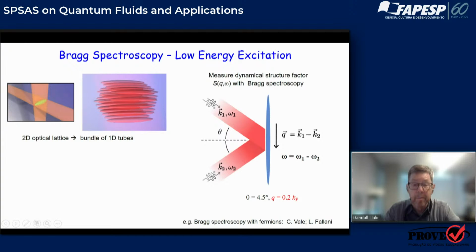And that momentum transfer depends on the angle between these two laser beams. For our experiment, this angle is about 4.5 degrees, and so the momentum transfer is a small fraction of Kf. So we're in the low energy excitation regime. Q is about 0.2 of Kf.